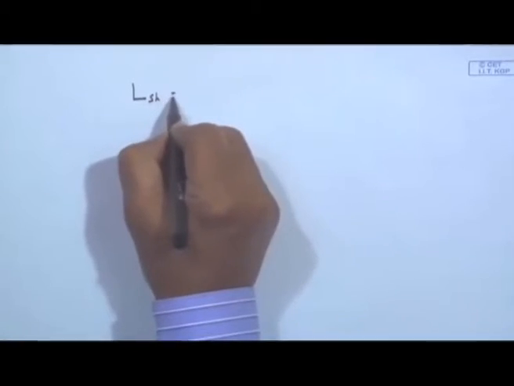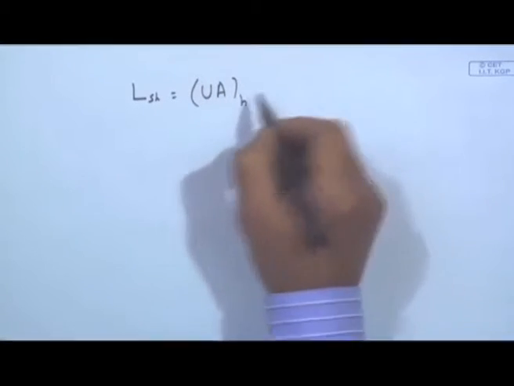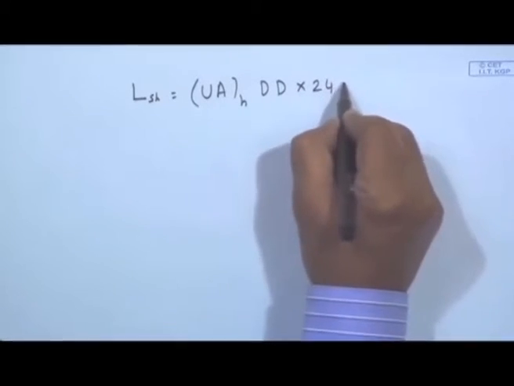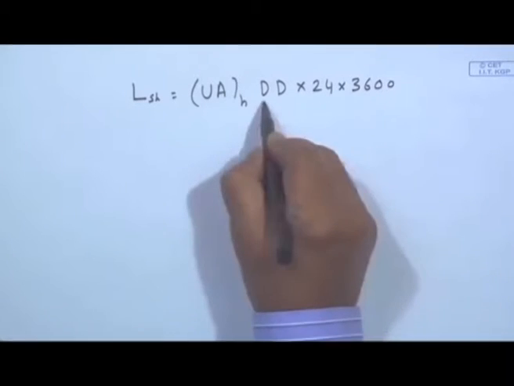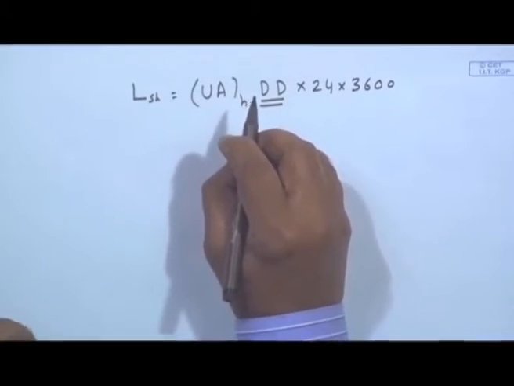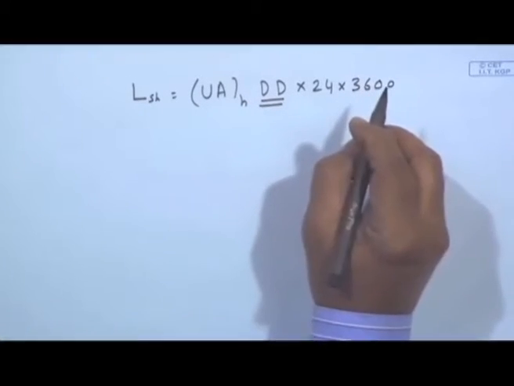And calculation of load: space heating load is in terms of the building loss coefficient multiplied by the degree days multiplied by 24 into 3600. Basically, degree days means the deficiency, the actual ambient temperature being lower than the comfort condition like 20 degrees C or so.